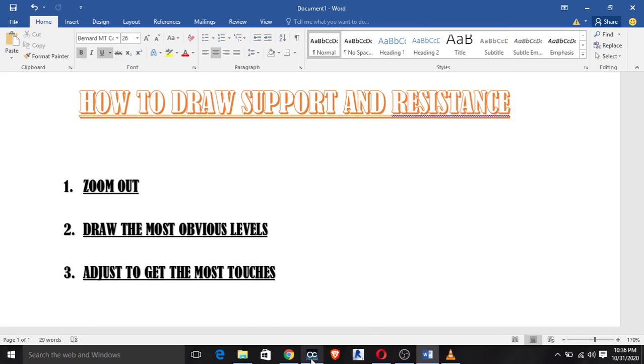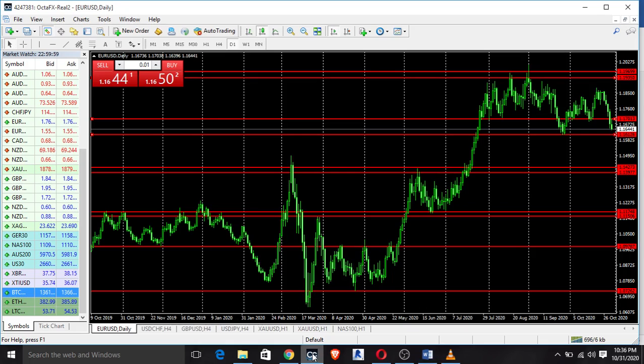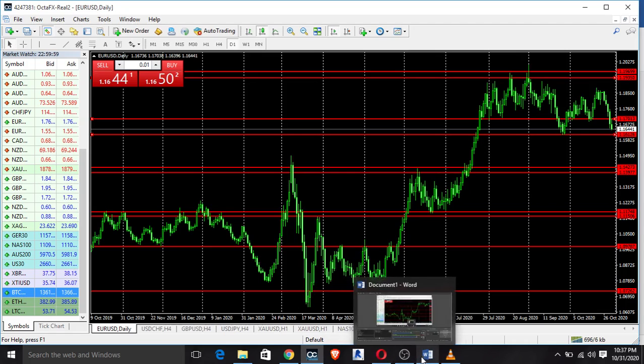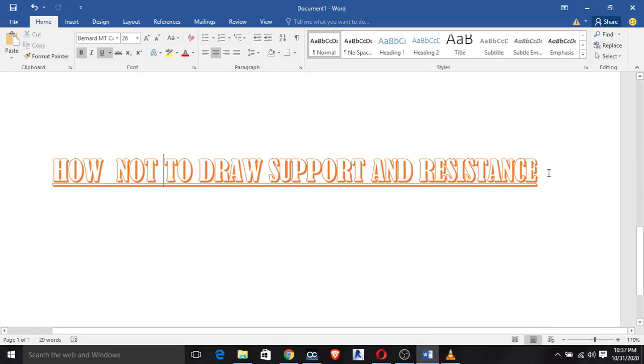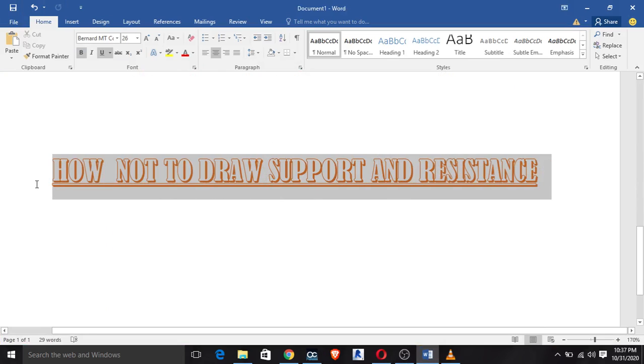So a yanzu kafin mu je a cikin abin da ake ce ma how to draw support and resistance, zan fara muku wani bayani akan how not to draw support and resistance. That's one.